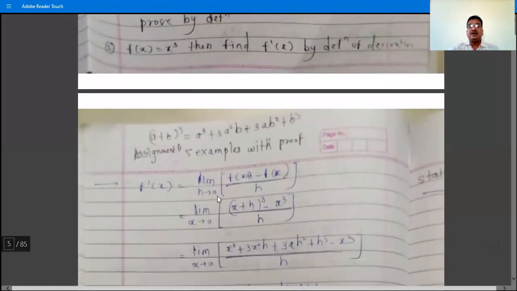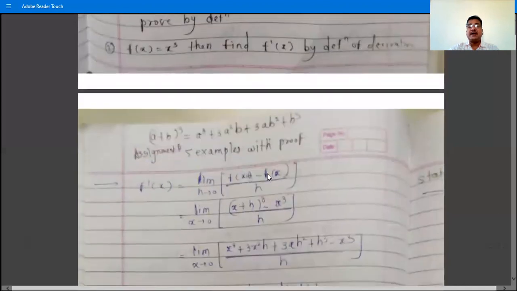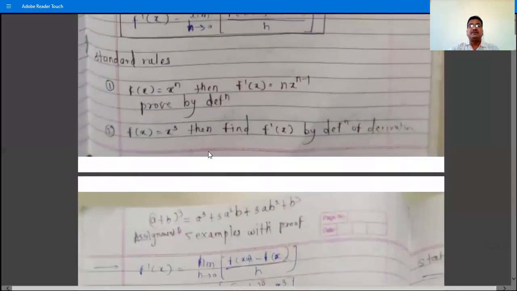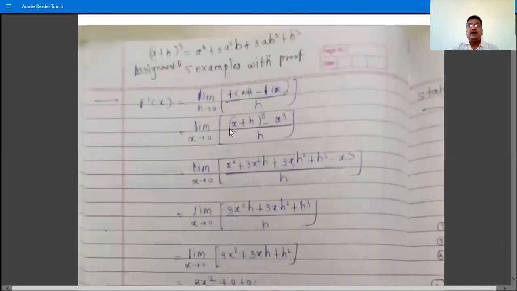f'(x) is limit h tends to 0, (f(x plus h) minus f(x)) divided by h. So write f(x plus h). f(x) is x cube, so f(x plus h) is (x plus h) cube minus x cube, divided by h. And what is (x plus h) cube? (a plus b) cube is a cube plus 3a square b plus 3ab square plus b cube.